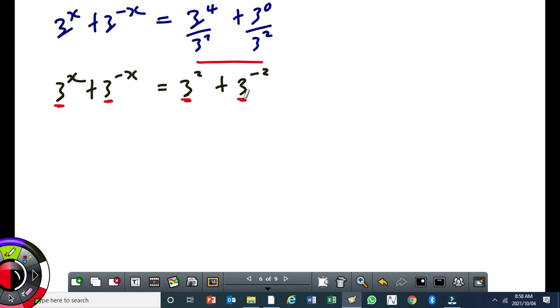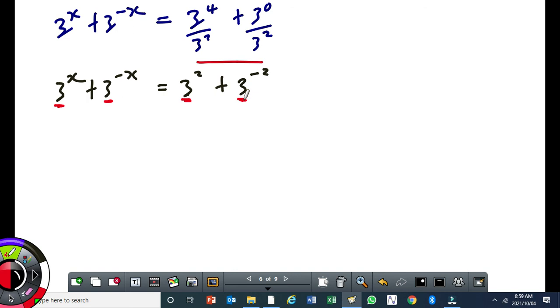Right? So now you need to be very, very careful. If you equate this base to that, you eventually get the same value, which is going to be x equal to 2, which is not entirely correct.